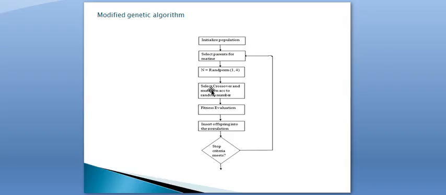After the child is generated, we check its fitness value and compare it with our parent. If it's better, we insert it into the population.